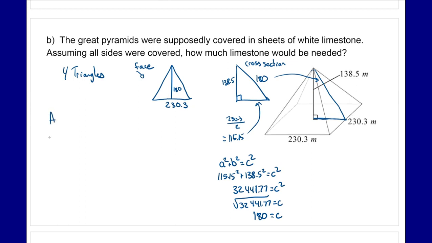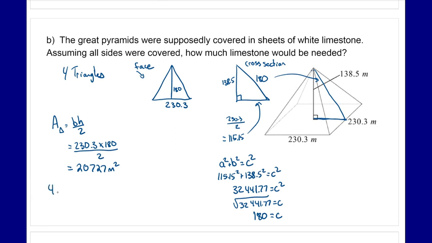So the area of a triangle is base times height divided by 2. So 230.3 times 180 divided by 2 is 20,727 meters squared. But because I have 4 of them, I'm going to multiply this by 4.